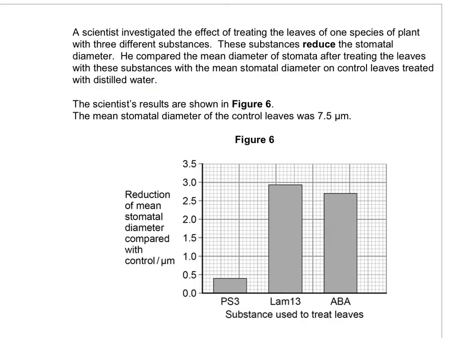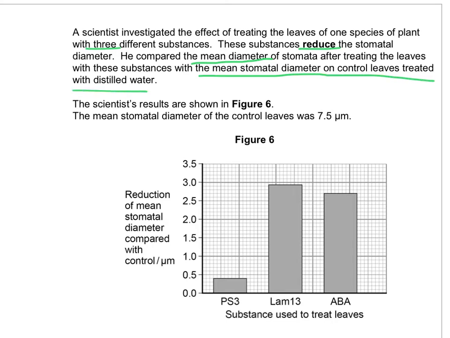The question gives you a bit more information here. It talks about an investigation treating the leaves of 1 species of plant with 3 different substances, and they reduce, in bold, the stomatal diameter. If it's in bold, it's important, remember that. He compared the mean diameter, so took many measurements, after treating the leaves with these substances with the mean stomatal diameter on control leaves treated with distilled water.